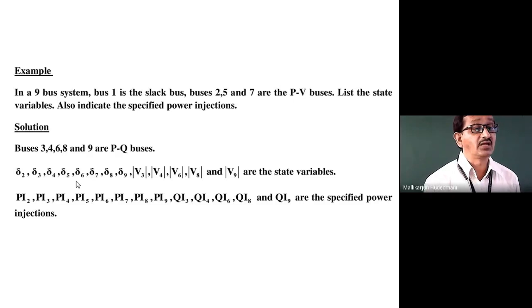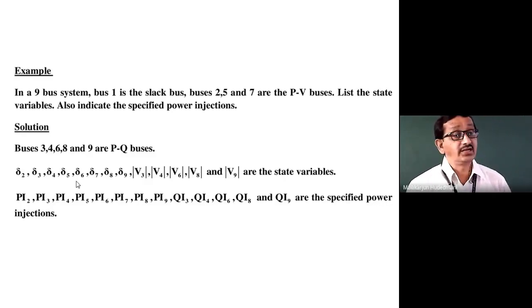How many power calculations do you need to perform? When I have the slack bus as bus number 1, and 2, 5, 7 as generator buses, what are left? 3, 4, 6, 8 and 9. If I add these 5 and those 3 and 1, it becomes 9 for me. Exactly right. 3, 4, 6, 8, 9 are my load buses in the problem.